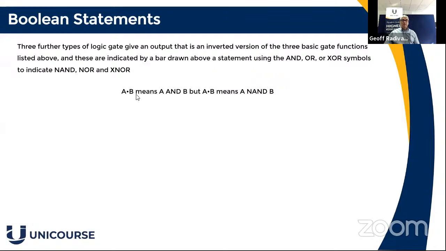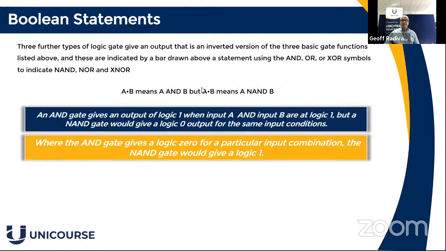So here again, we've got more letters, and I'm just referring to what A dot B is. That is an AND. What we should have here, A dot, means it should be the AND. So there's a slight typo error on that one. Don't worry about that. And you can see AND gates, the output is logic 1 when the inputs A and B are logic 1.